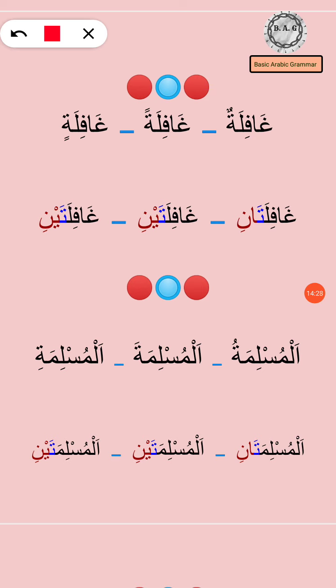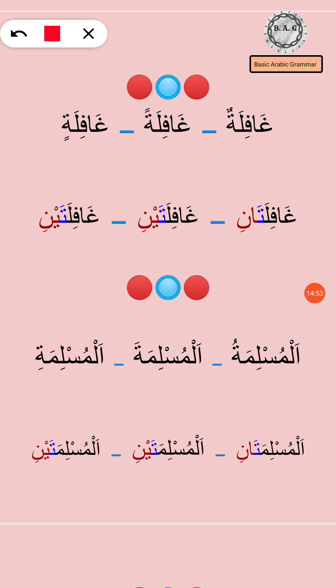Okay, so ghafilatun, this is a feminine that is neglectful, or a neglectful feminine. What happens to this round ta? I hope you're saying it. Okay, that's why I'm not going to say it. And then what happens? We add the suffix. Okay, next.